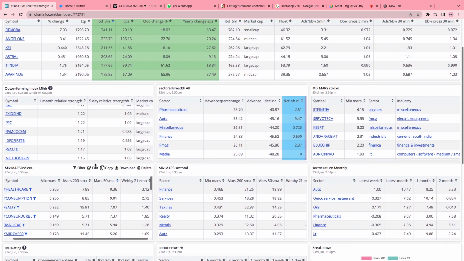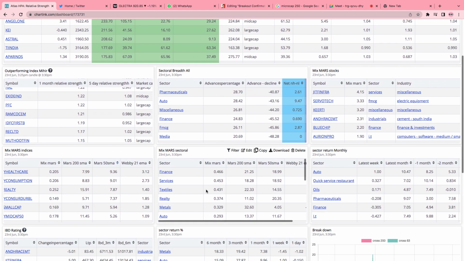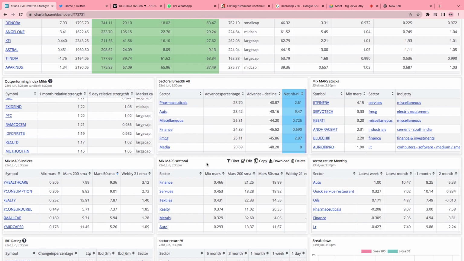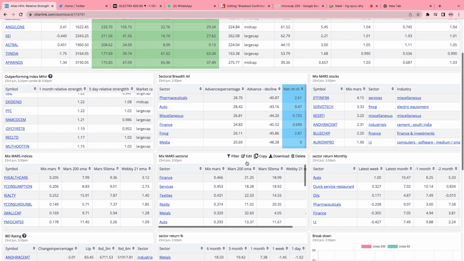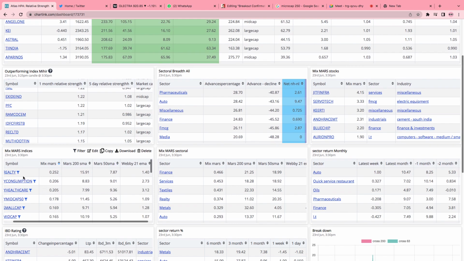And you can do this similar thing for stocks as well, okay? Then what I also did is something called mix Mars. Mix Mars is basically just like how IBD did, using an average of 3 different time frames. In mix Mars, I have used an average of 200, 50, and 21, and then you get a consolidated number. So again, reality, consumption, healthcare, these are doing better in all the time frames.